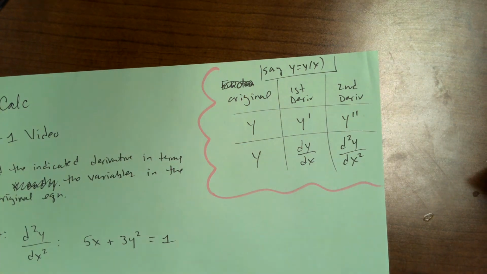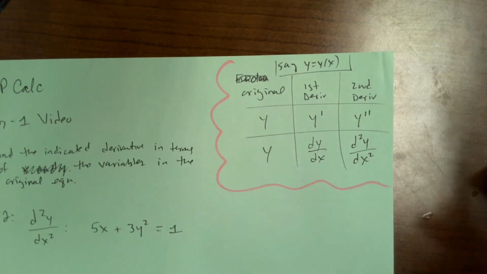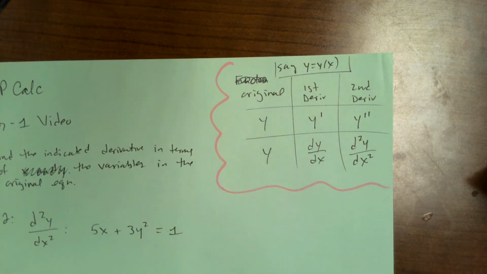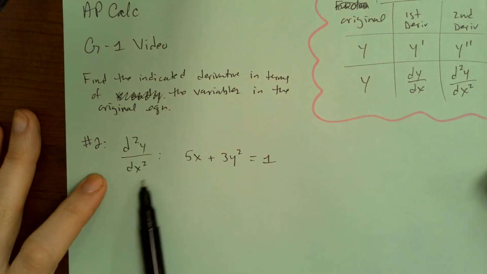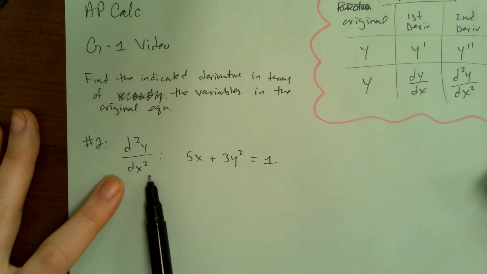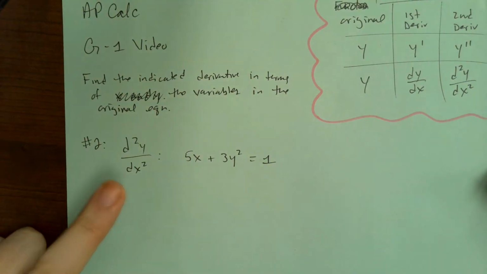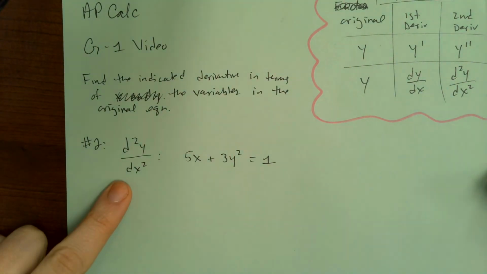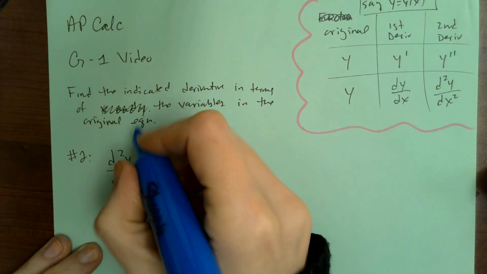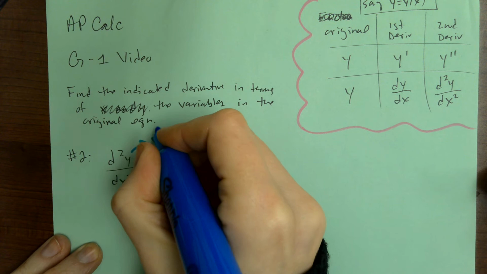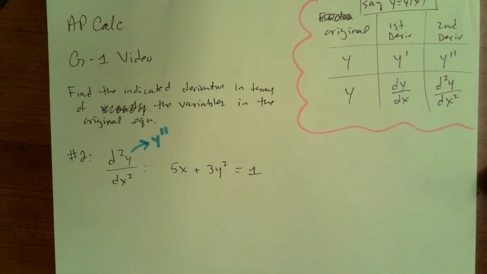That's what it looks like. So for number 2, they're asking us to find d squared y over dx squared, which means they're asking us to find y double prime.